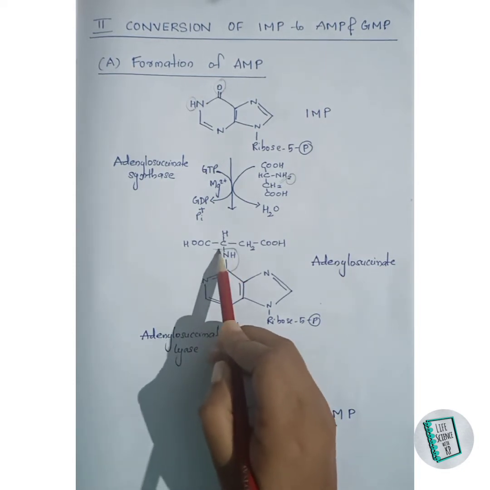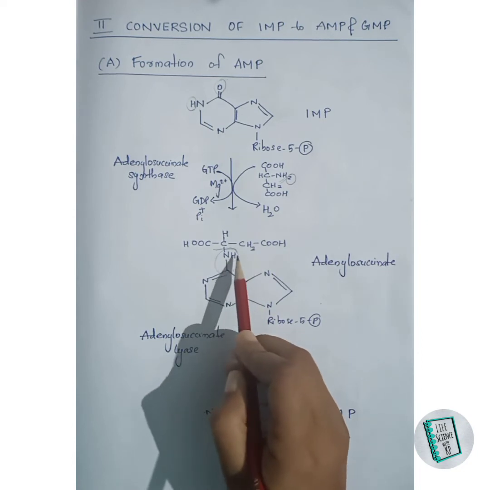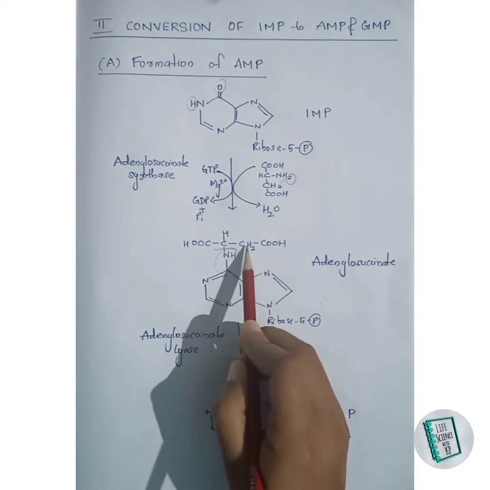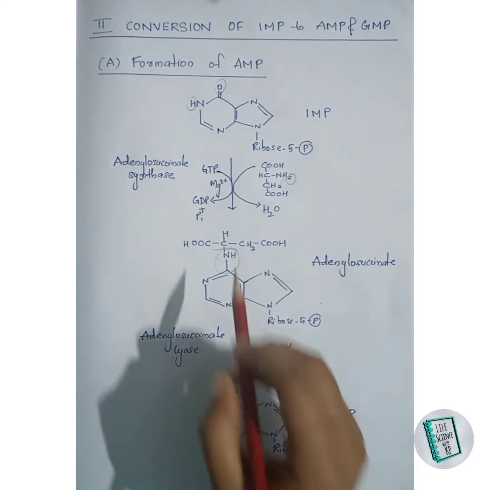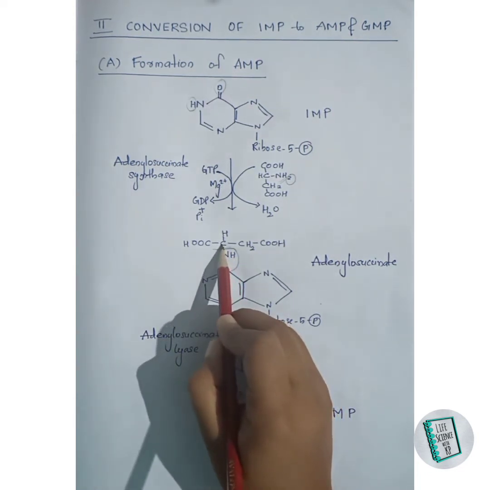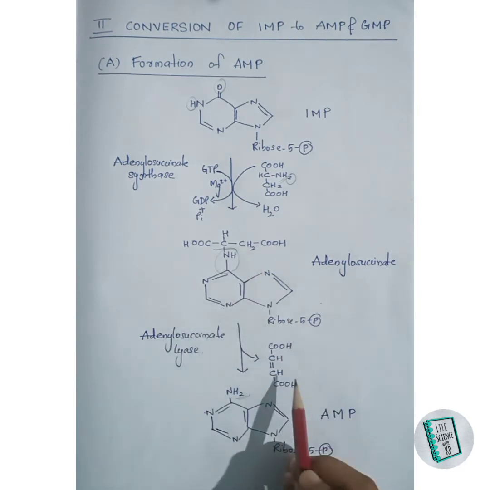So after cleavage, this NH accepts one of the hydrogen from this CH2 and forms NH2 here, and there forms a double bond between this carbon and this carbon. Thus fumarate gets released and AMP is formed, that is adenosine monophosphate is formed.